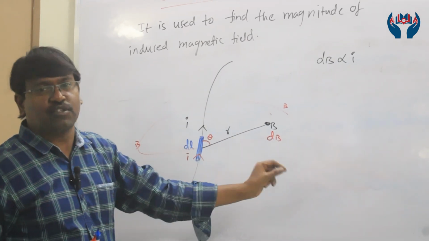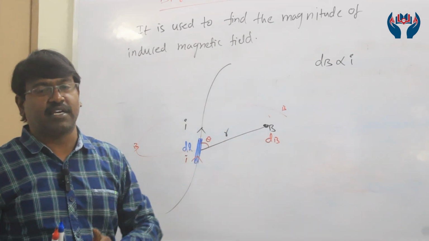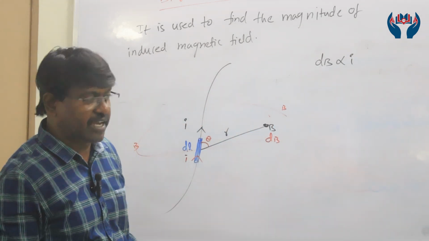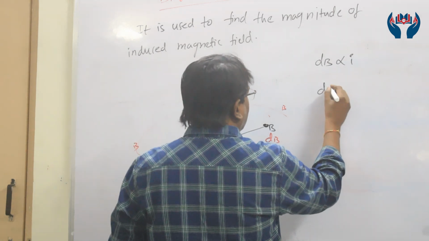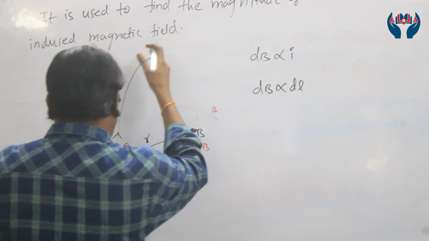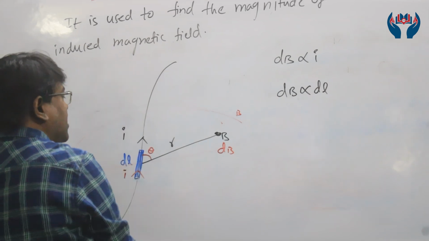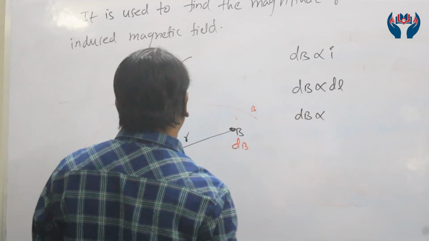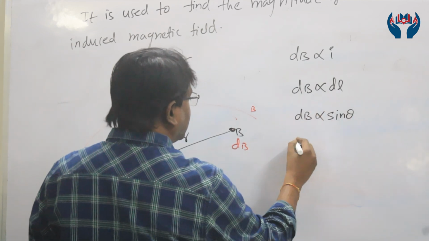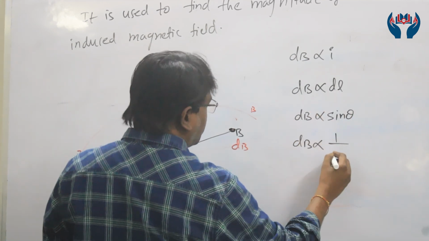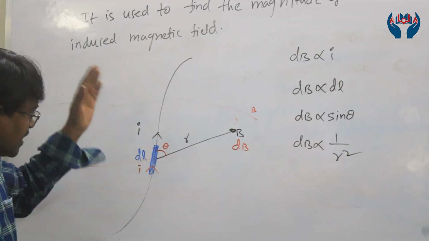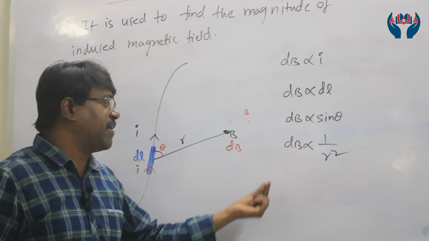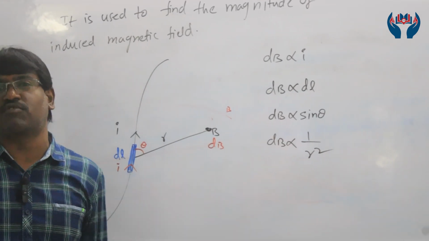So dB is directly proportional to I. dB is directly proportional to the length of the conductor: when the length increases, the magnetic field also increases. dB is directly proportional to sine theta, and inversely proportional to the square of the distance. If the distance increases, the magnetic field decreases. So dB is inversely proportional to r squared.